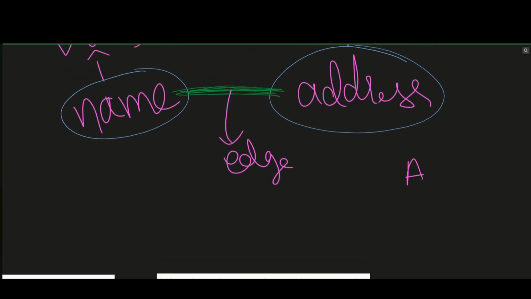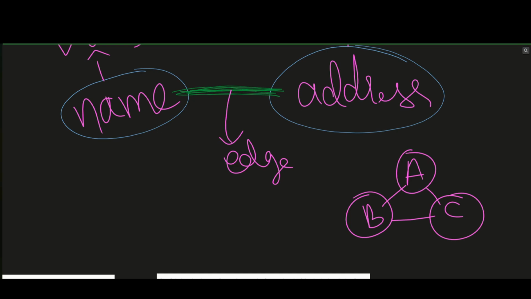So if I have A, B, and C, and I need to connect all of these entities, the nodes, I need to use edges. So A is related to B, B is related to C, C is related to A, and vice versa. So if I need to find B, let's say I'm going from A to C, and I need to find B. That means I'm currently over here.